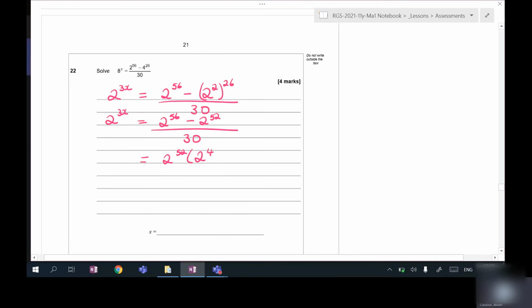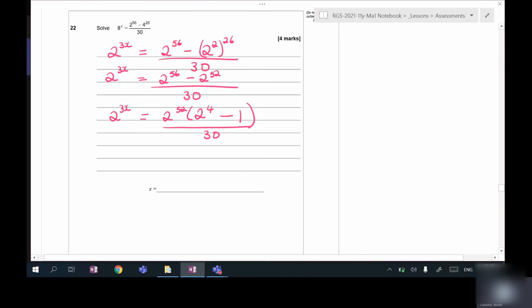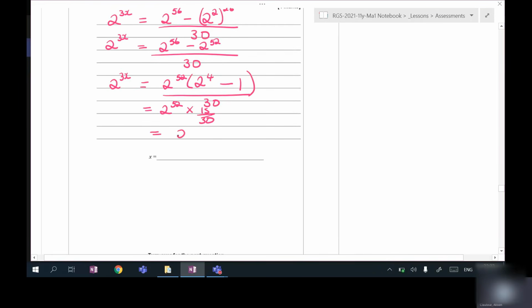So that'll leave me with 2 to the 4 to make 2 to the 56, take away 1. Okay, now 2 to the 4 is actually 16. Take away 1 gives me 15. So I'm then multiplying it by 15 over 30, which is a half. So it's the same as dividing by 2.